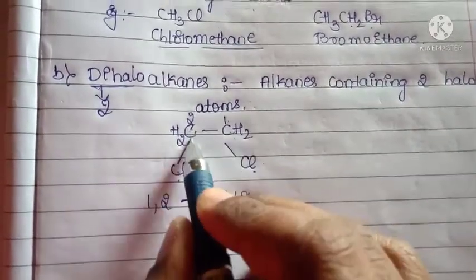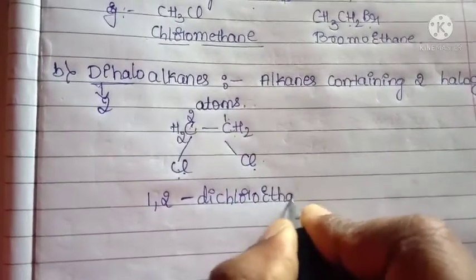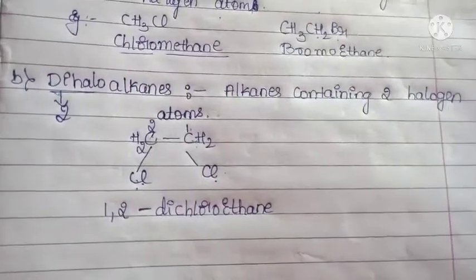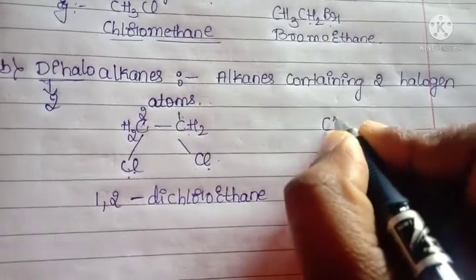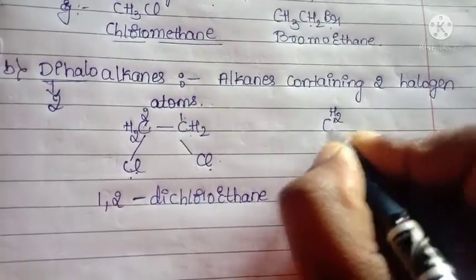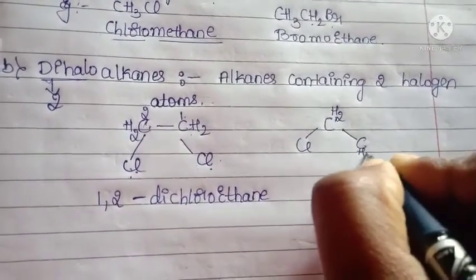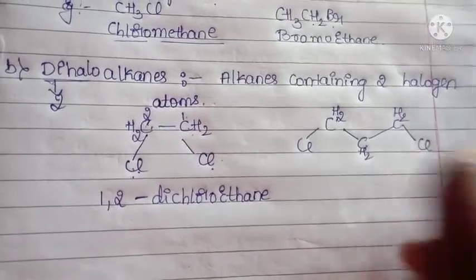Which alkane is present? Ethane. 2 carbon atoms are present, so it is called ethane. Next, another example is CH2Cl CH2 CH2Cl.